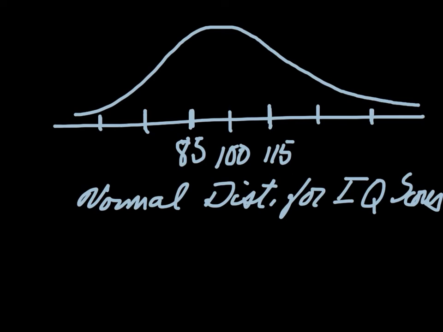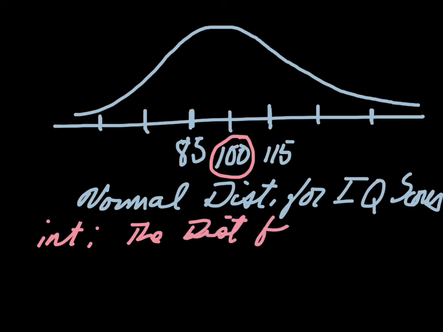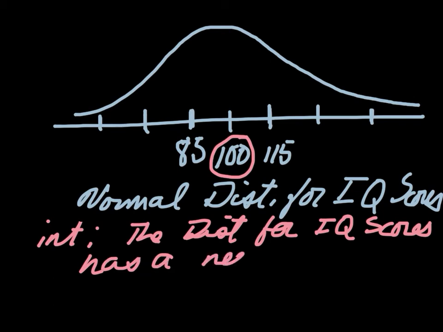Okay, I'm back. So to interpret this, you would have just said, since 100 is in the middle and normal distributions are symmetric, then the first part of my interpretation would say the distribution for IQ scores has a mean of 100, and.